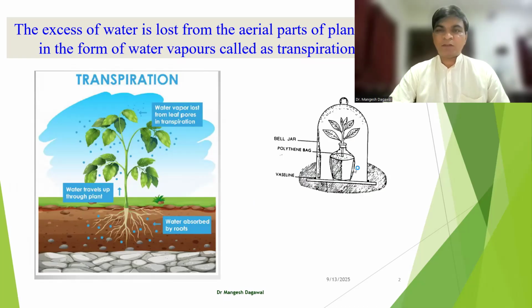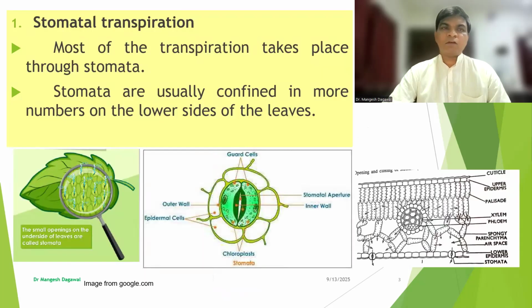In another picture, you can see how this experiment can be performed using a bell jar to see the transpiration process. On the basis of where the excess water is removed, transpiration is of three types.